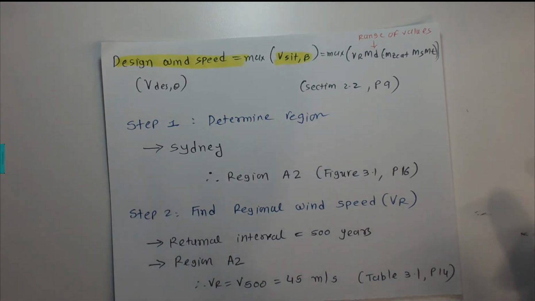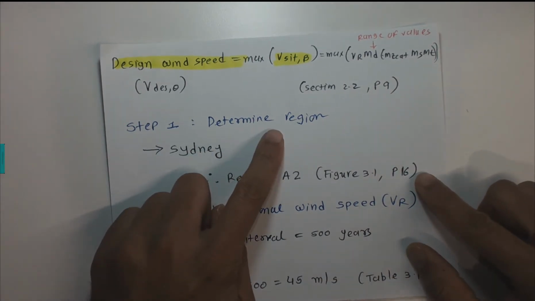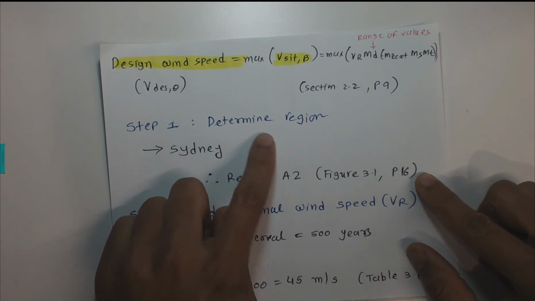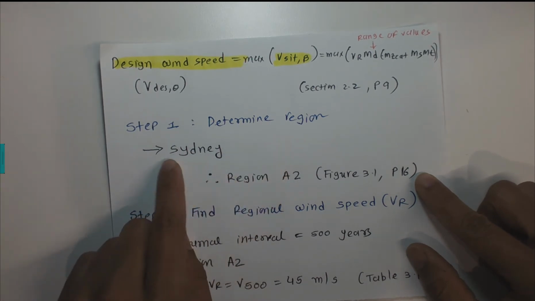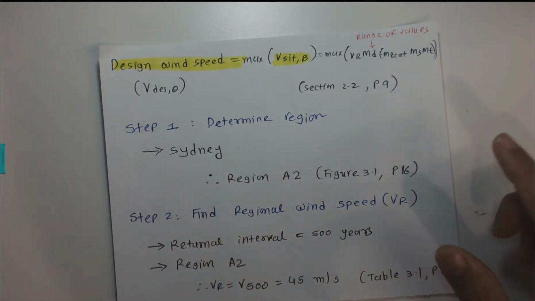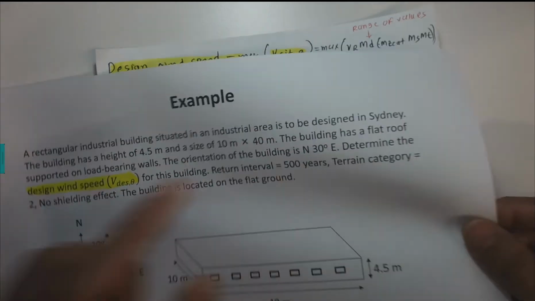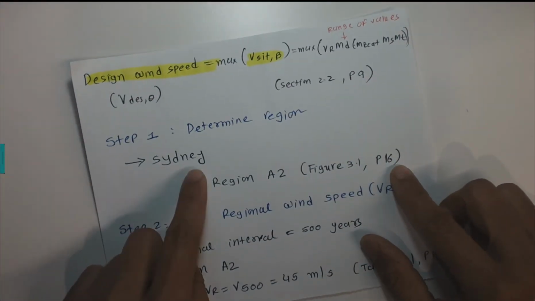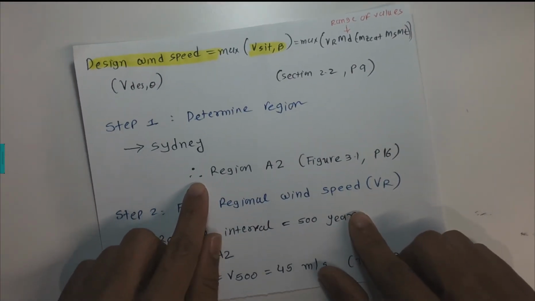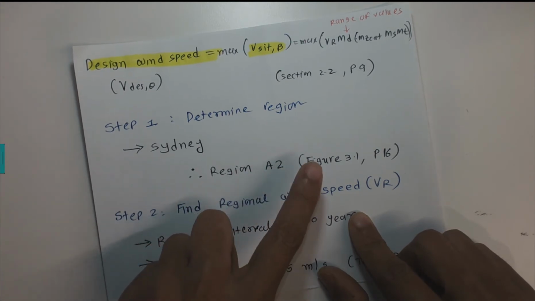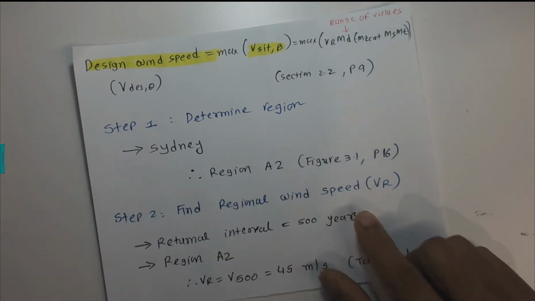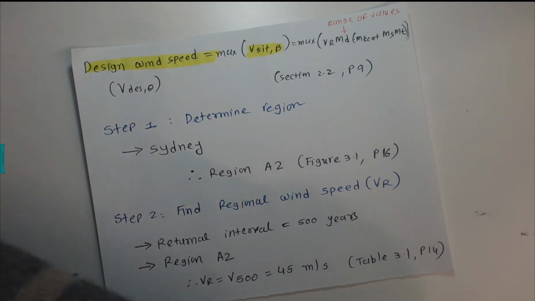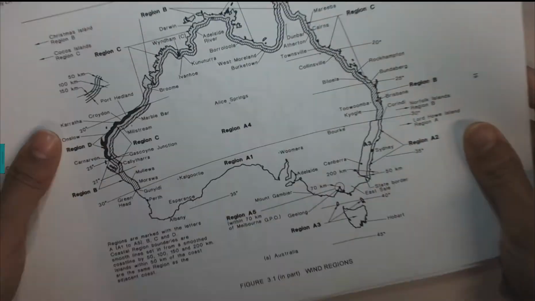site speeds. First of all, we need to determine the region. It's given in the question as Sydney, so I put the note Sydney. The region is A2, which is given in figure 3.1 on page number 16 of the Australian standard 1170.